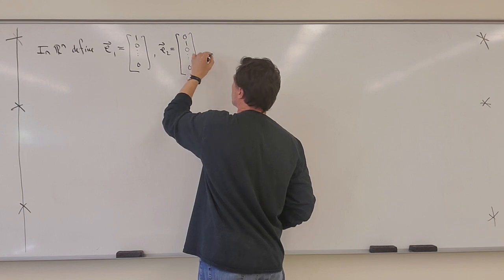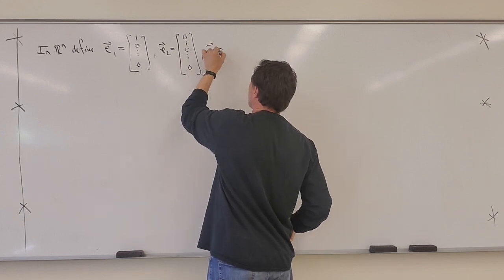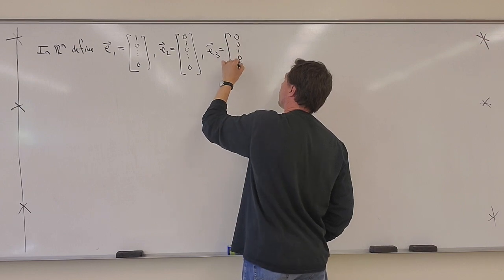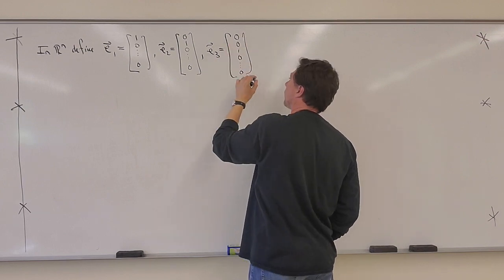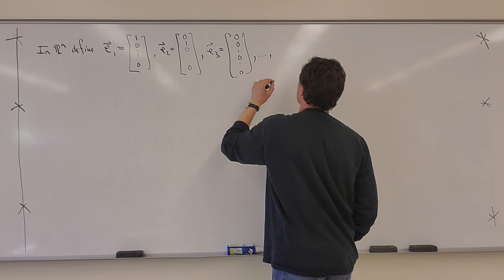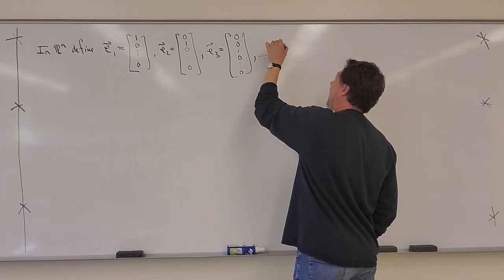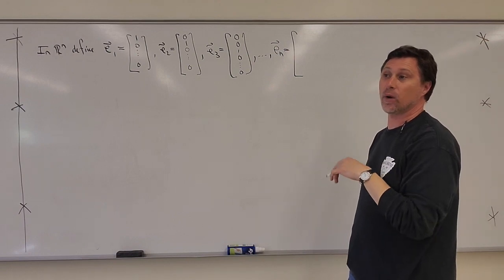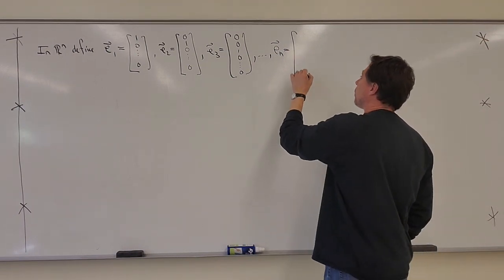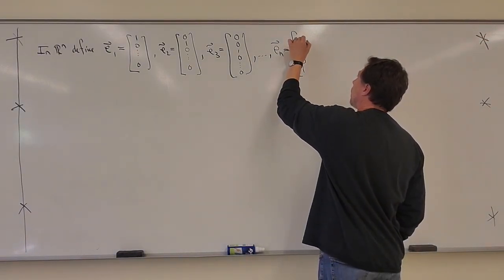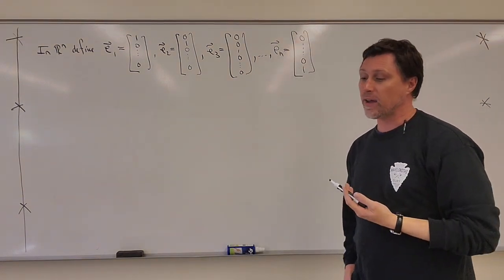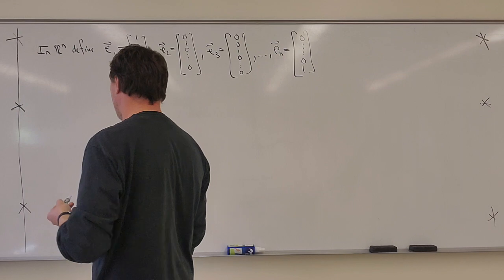And you can keep going, so there's an E3. That will be the obvious thing, 0, 0, 1, 0, dot, dot, dot, 0. Eventually, we get to E sub n. That will be the column vector that has zeros everywhere except in the very last spot, where it has a 1. So it'll be 0, 0, 0, 0, 0, 1. These vectors are called the standard basis vectors.